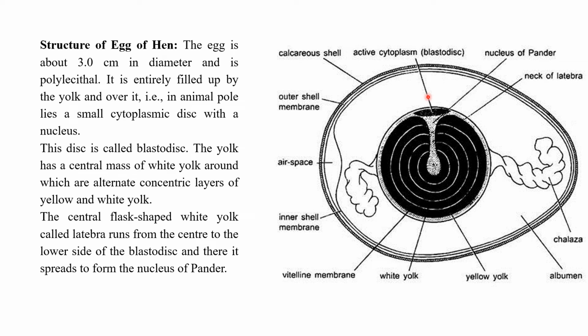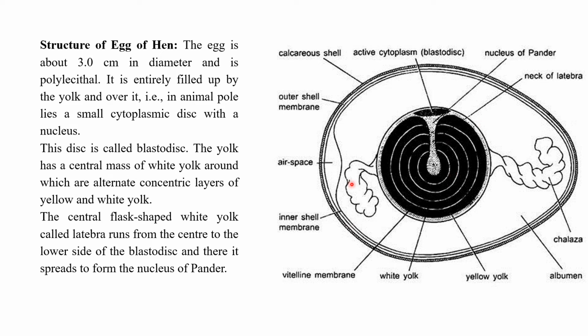So if you look at the yolk, at the center you can see there is a lot of white yolk. Okay, centrally we can find a mass of white yolk, surrounding which you can see the concentrically arranged yellow and white yolk.